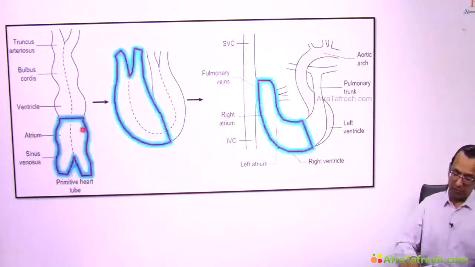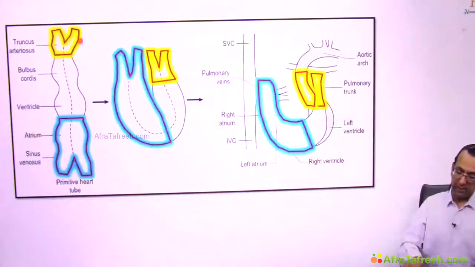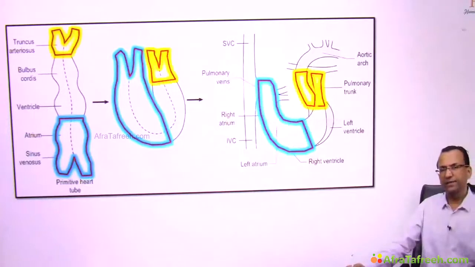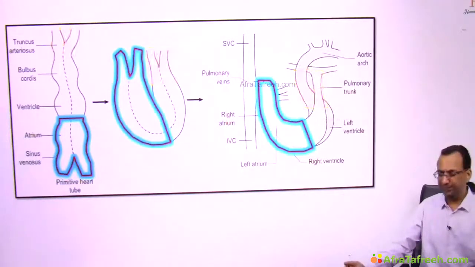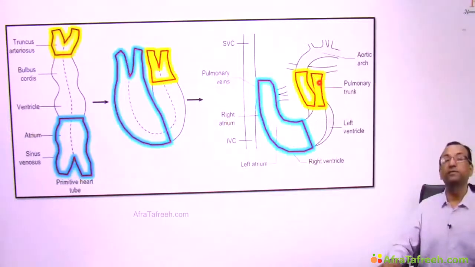See, the lower venous end goes posterior, posterior. Then what is the upper arterial end doing? The upper arterial end is coming anterior and anterior. You remember what the truncus arteriosus is giving?